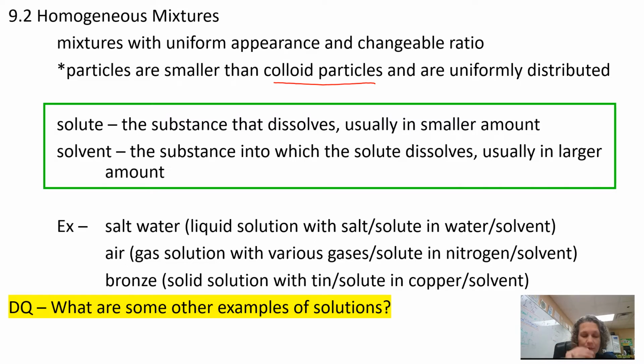Alloys are typically two metals, and bronze is an example. It's a solid solution. You have tin, which is the smaller amount, dissolved into copper, which acts as the solvent. Some other examples of solutions: Kool-Aid, and stainless steel is like bronze, an alloy. I'm sure there are others, I just can't think of any of them, but you get the drift.